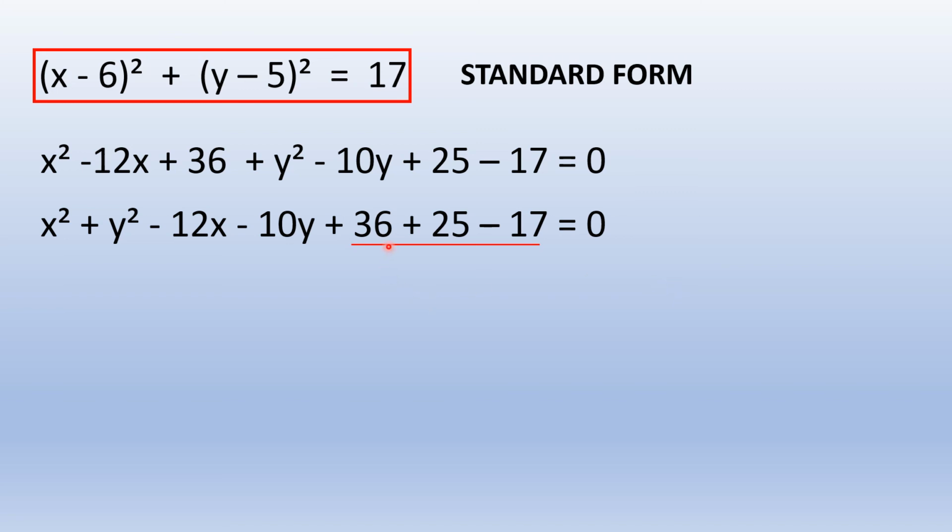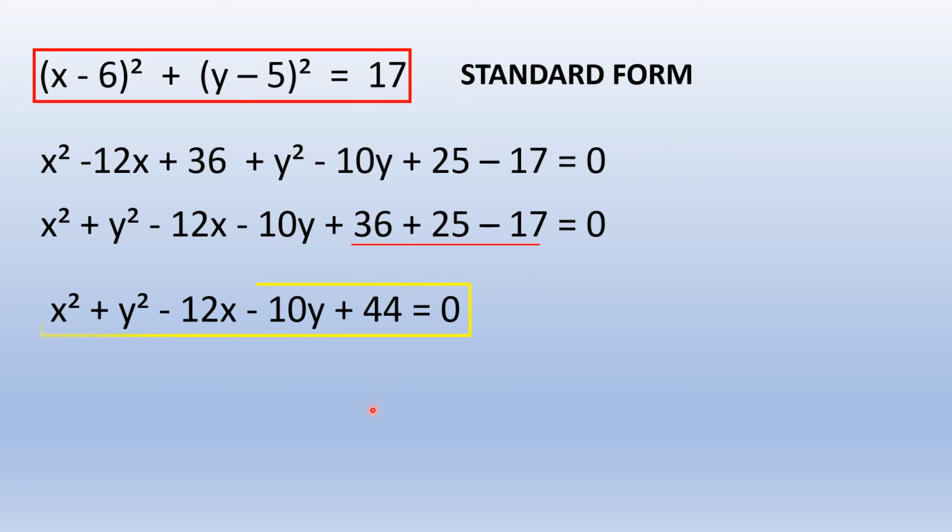Ayan. So, isimplify mo to. What is 25 plus 36 minus 17? So, we have x squared plus y squared minus 10x minus 12y. So, 25 plus 36 minus 17 is positive 44. So, eto na ngayon yung general form of the circle.